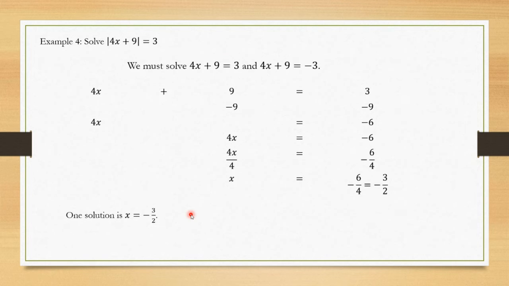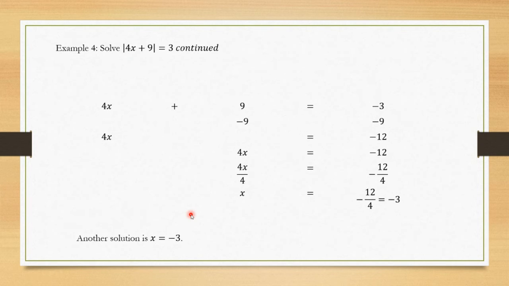One from each equation. We get -3/2, and we get -3. This solution set, these two solutions only, you really can't graph them because there's only two numbers. So you could just list them. What questions do you have about this?